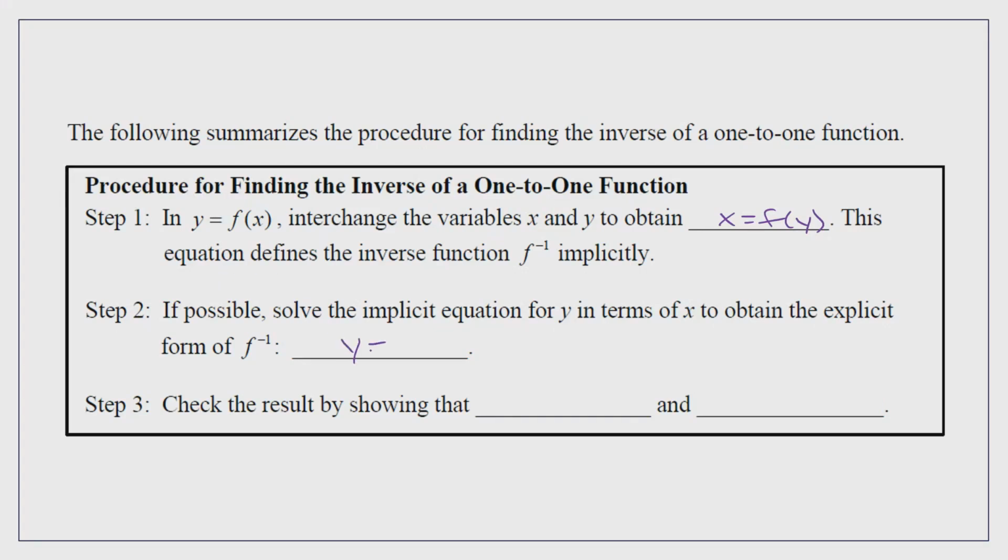Y equals the inverse function of f. And then in step 3, you'll check the result by showing that the inverse function of f of x equals x, and that f of the inverse function of f of x equals x.